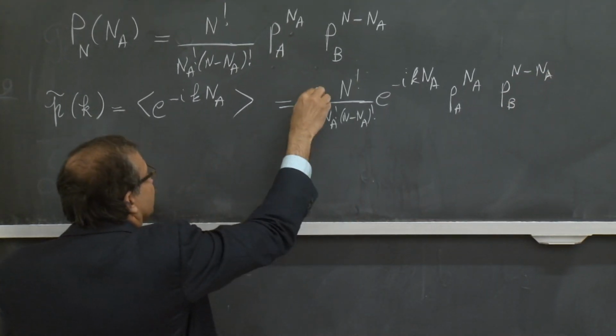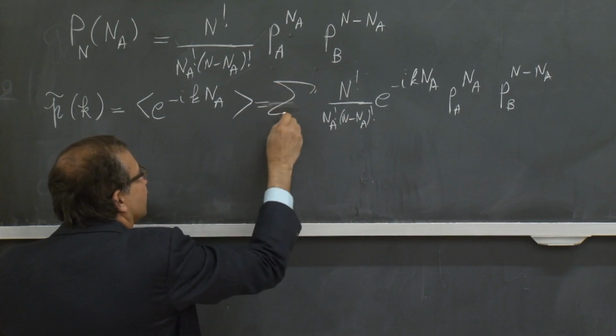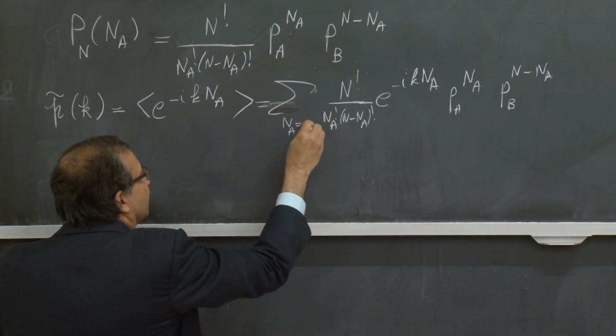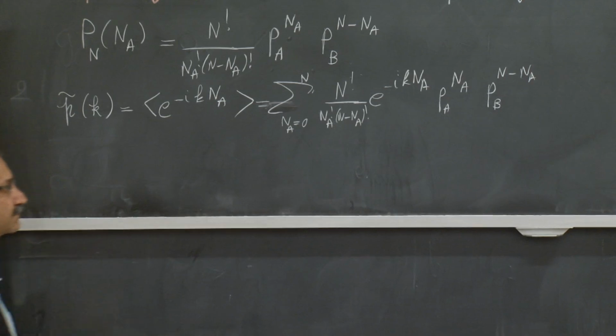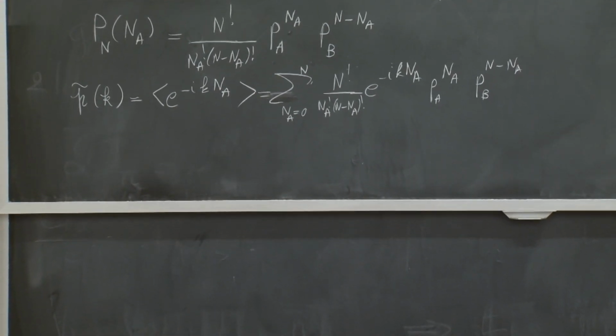And of course, I have to sum over all possible values of NA that go all the way from 0 to n. Okay?